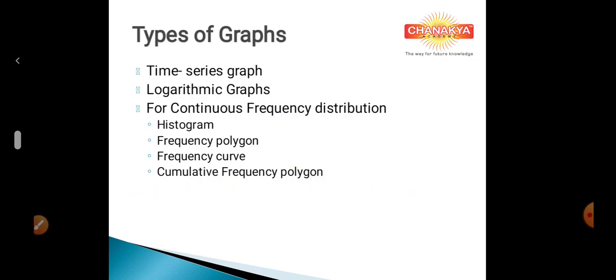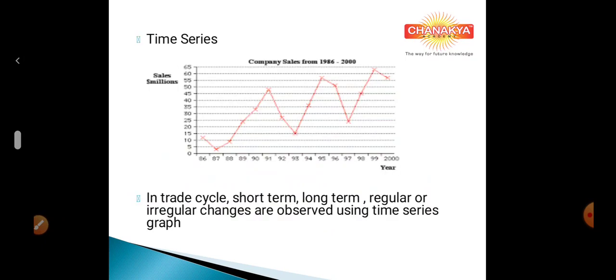Next we are going to see the different types of graphs that are used in economics. First one is your time series graph. You can see the image over here, that is the graph that shows the changing trend or changing parameters during time.